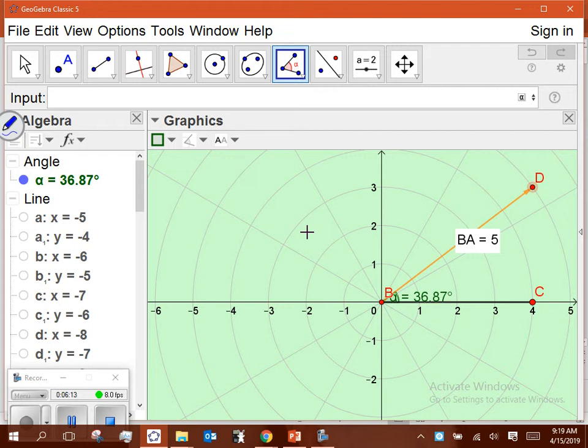All right? Which one's more efficient? The straight one, the 36.87 degree one with a radius of 5, right? So if you've talked about this in maybe a physics class, if there are forces pushing B to D, maybe I need 4 newtons to go this direction and then 3 newtons to go up, right?